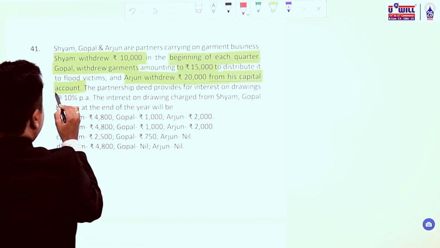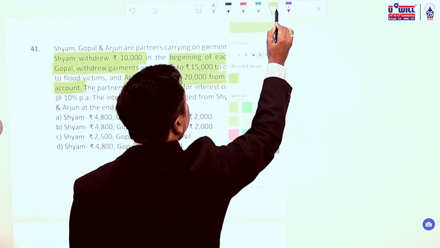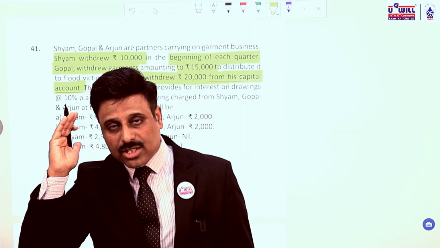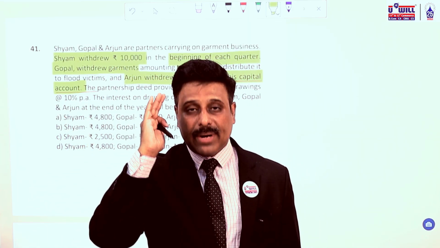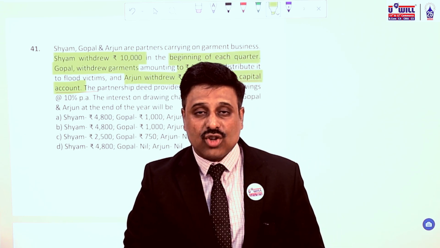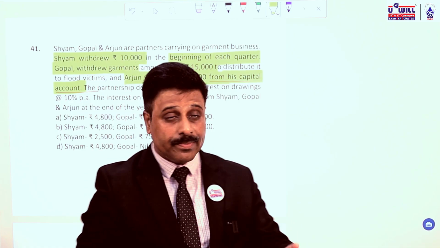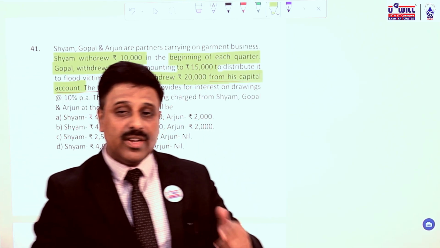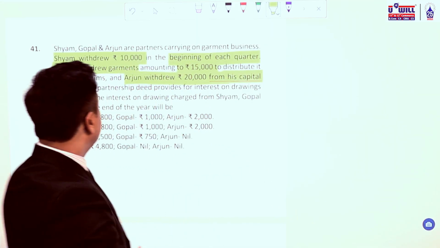Now, whenever any partner withdraws money from his capital account, you don't include it in interest on drawings, because capital will decrease, so automatically the interest on capital payable to the partner will decrease. Interest on drawings is always charged on the amount withdrawn from the profits. Here, the 10,000 withdrawn in the beginning of each quarter is assumed to be withdrawn from the profits.